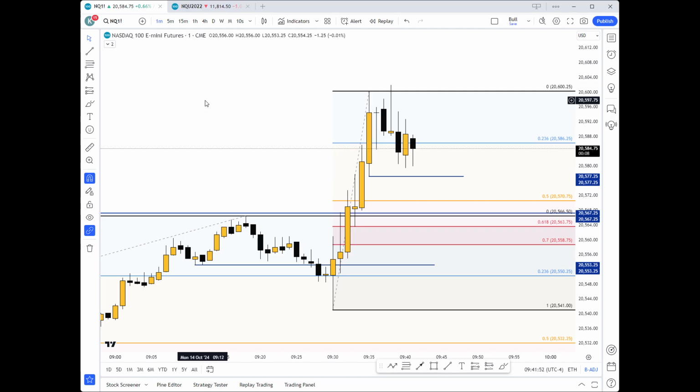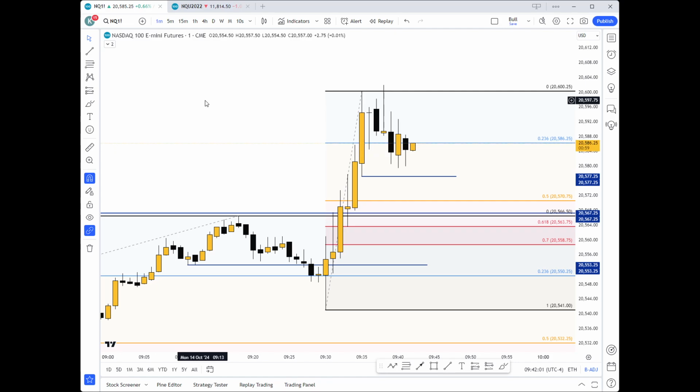On the NDX, you'll see different things. Nicely getting held up. It's not what they want to see at the open of that candle. Beautiful response though.